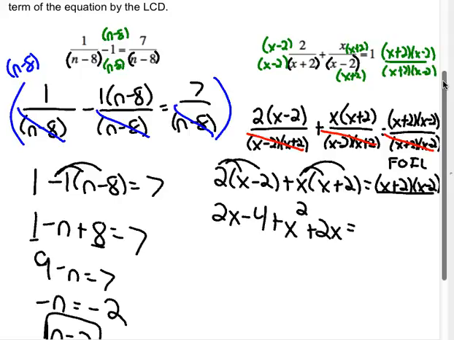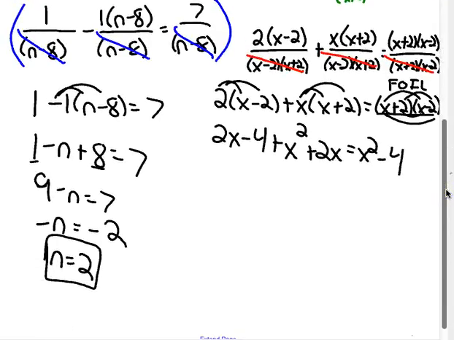When you do, you get x squared, 2x minus 2x cancels off, and the last step, we just get a minus 4, which shouldn't surprise you because that's that difference of squares pattern happening there. All right, so let's keep simplifying. I have that x squared on both sides, so I'm just going to subtract it off right away.